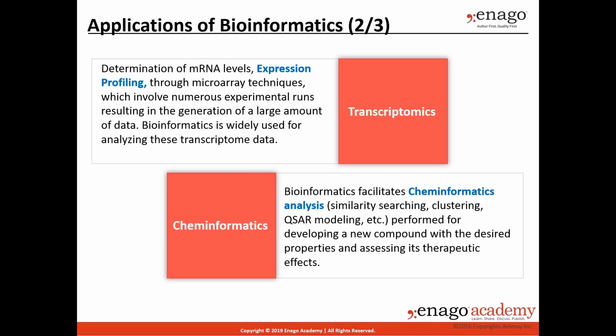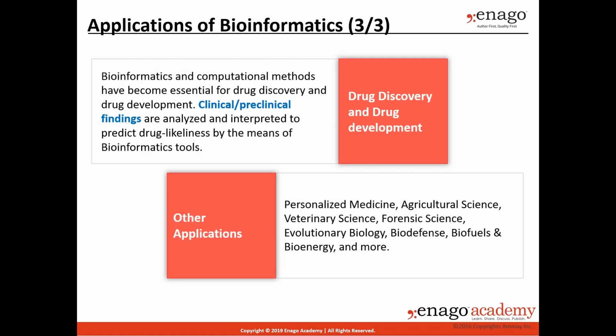That leads us to drug discovery and drug development. So bioinformatics and computational methods have become essential for drug discovery and drug development. We basically don't start any of this without bioinformatics nowadays. Clinical and preclinical findings are analyzed and interpreted to predict drug likeness by means of bioinformatic tools.